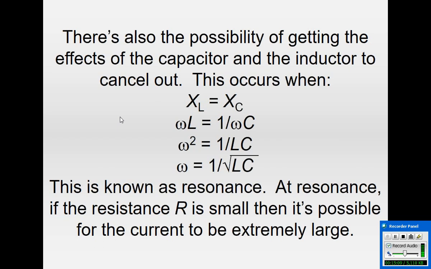And if you go through the algebra, what you get is a requirement for the angular frequency to be equal to 1 over the square root of L times C. At this exact particular angular frequency, the system has the smallest possible impedance, and we say that the system is in resonance.